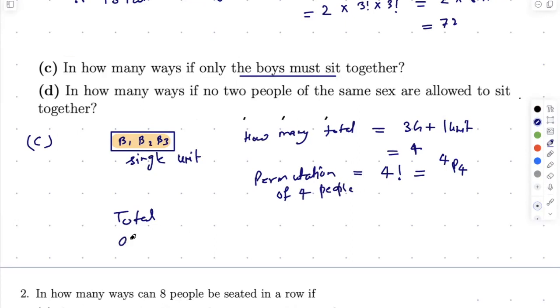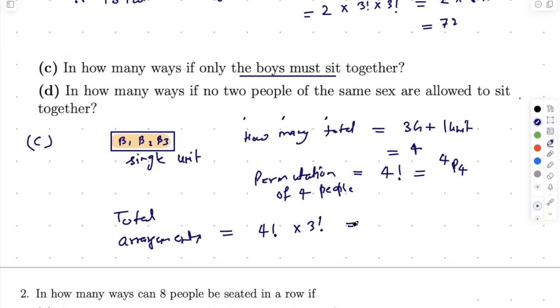Now we need to find the total arrangements. Total arrangements are going to be 4 factorial, the number of ways these 4 units, 3 girls and 1 unit, can be arranged. Then after that, these 3 boys can arrange themselves. So the answer is going to be multiplied by 3 factorial and whatever the answer.